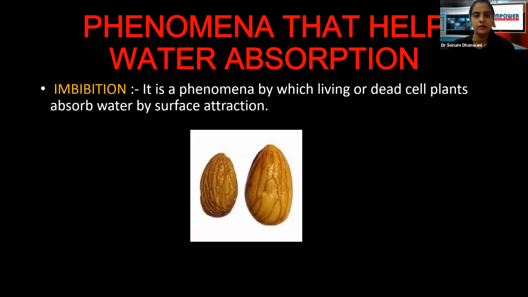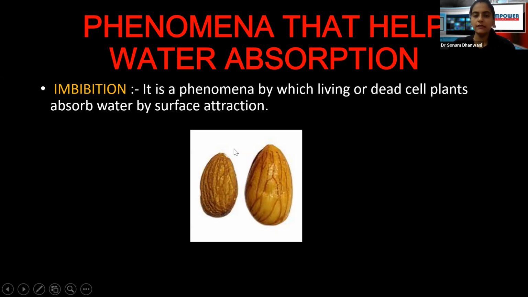Now, in this absorption there are certain phenomena that are going to help us understand these processes in much more detail. The first one is imbibition. Now what is imbibition? See this picture here. What is the difference that you notice between these two elements? This looks small and this looks big, right?